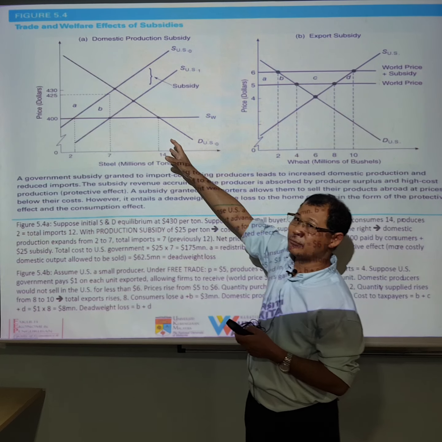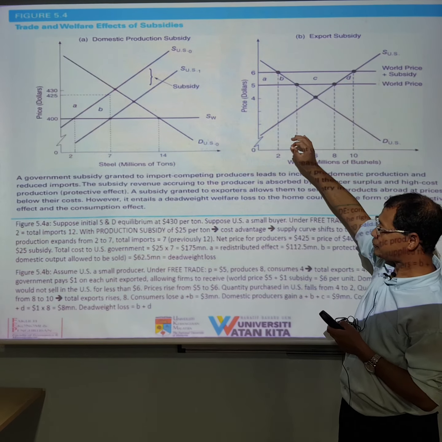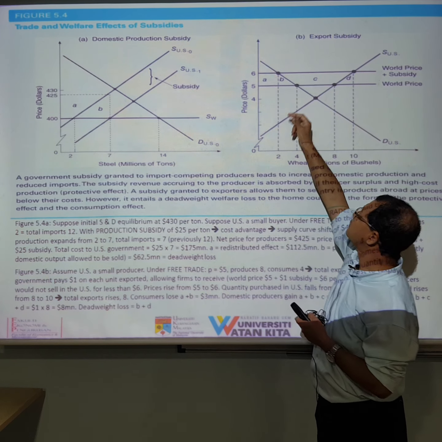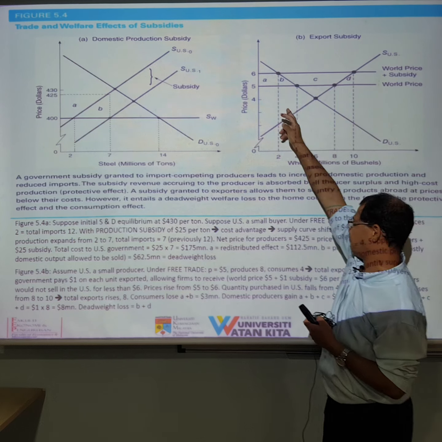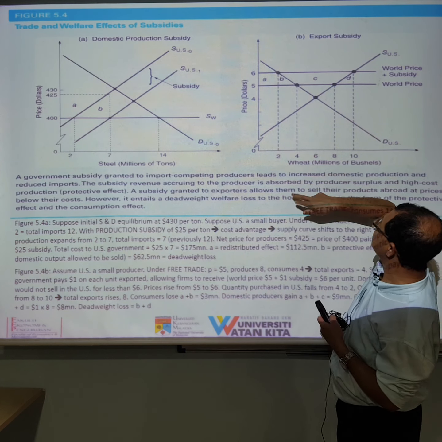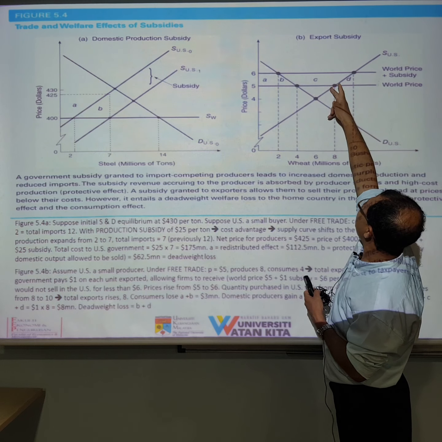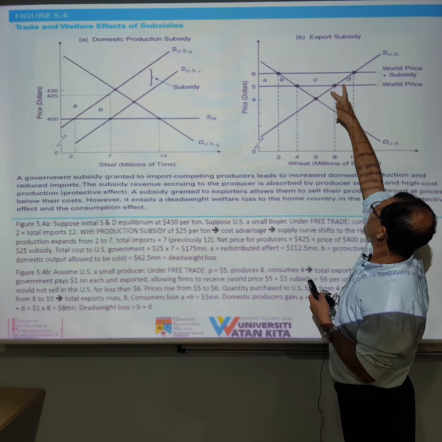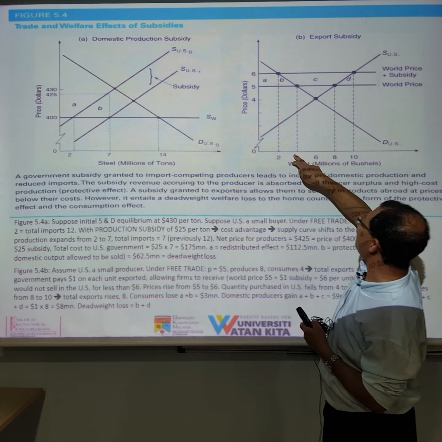Just now we were talking about imports. Now we're talking about exports. World price. So under free trade, price is 5. This is the supply curve. Producers produce 8, and on this demand curve consumers consume 4.